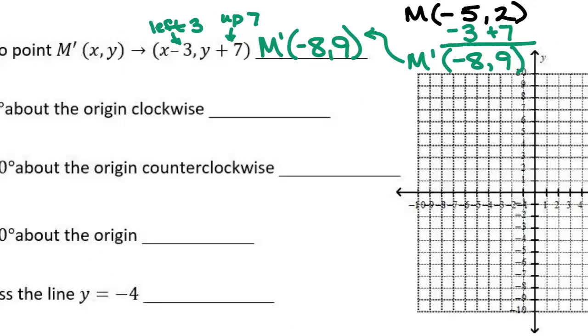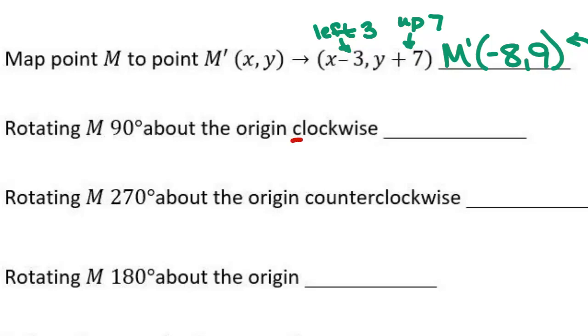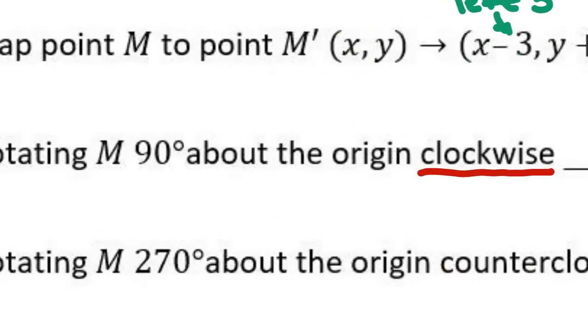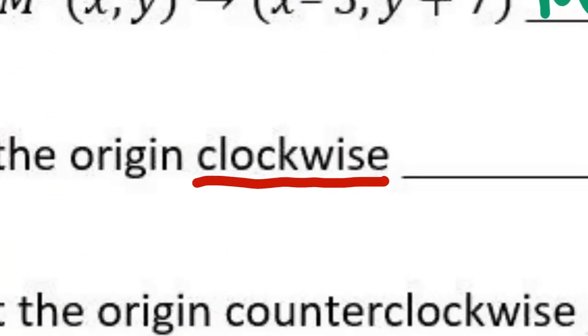All right, rotating 90 degrees clockwise about the origin. 90 degrees is 1 quadrant. Clockwise, of course, is this direction.